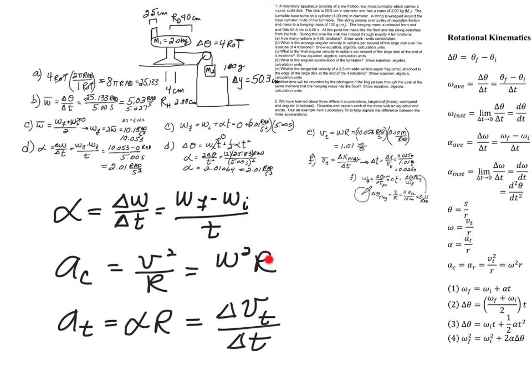Distinguishing these two is a little bit tricky, but at a minimum you have the equations, then words to explain the symbols in the equations, and then if you can relate that to an example, like the flag has an angular acceleration, it has a tangential or linear acceleration, and it also has a centripetal acceleration because its direction is constantly being changed and kept toward the center of the disk.